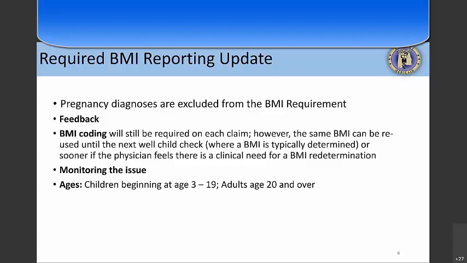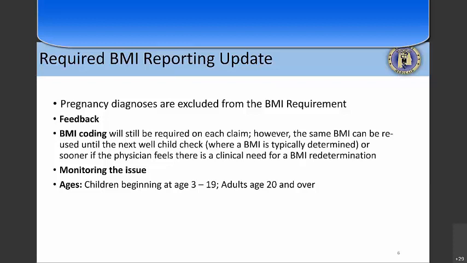As a result, we're making a slight modification to ease the requirement on BMI coding. BMI coding will still be required on each claim. However, the same BMI can be reused until the next well-child check, where a BMI is typically determined, or sooner if the physician feels there's a clinical need for a BMI redetermination.